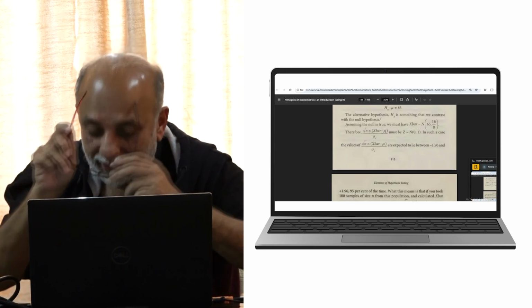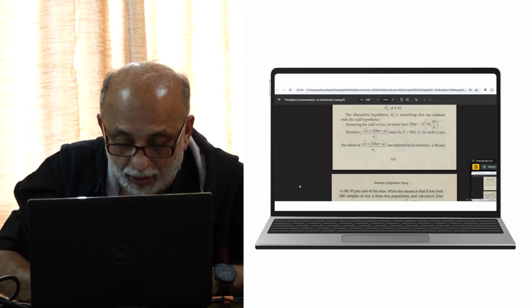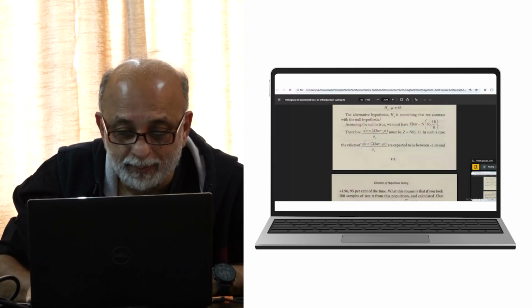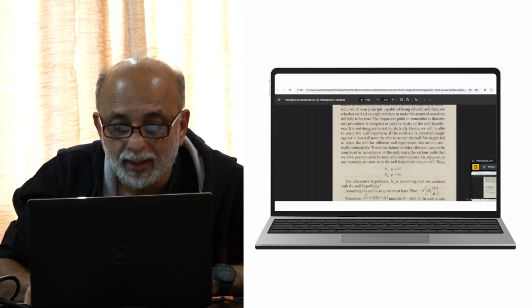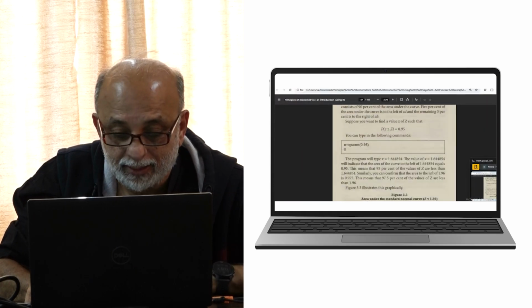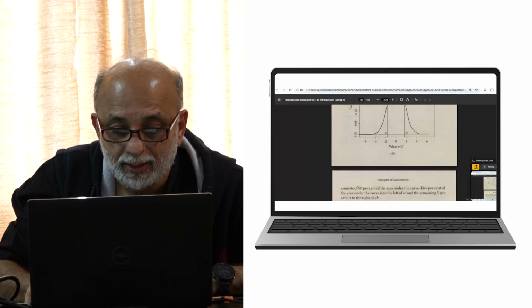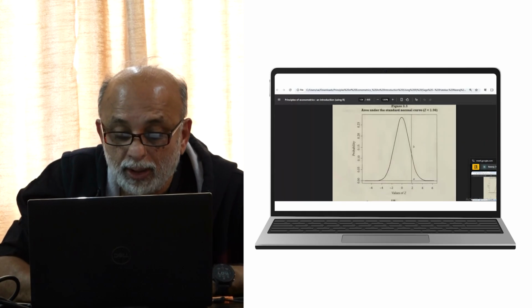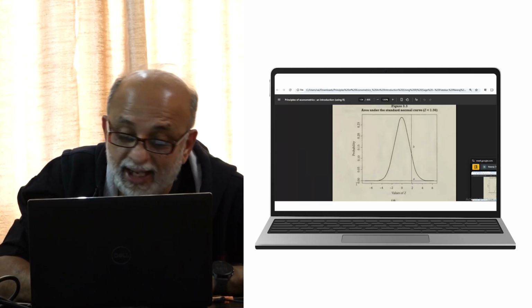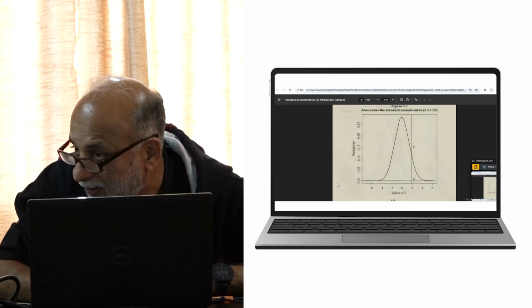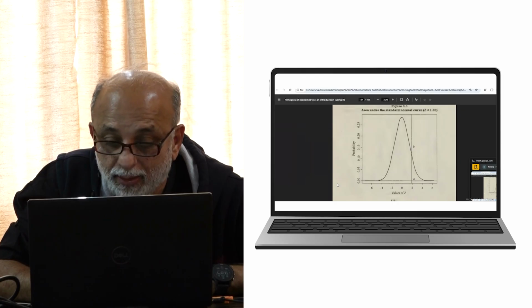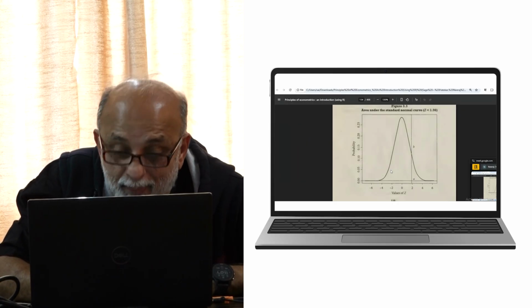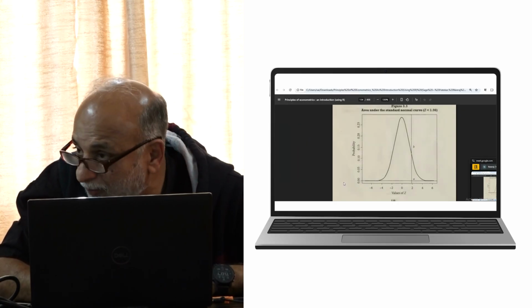Because you see, what does P norm tell me? P norm will give me the area to the left of this curve. But I want this area plus this side area also, no?